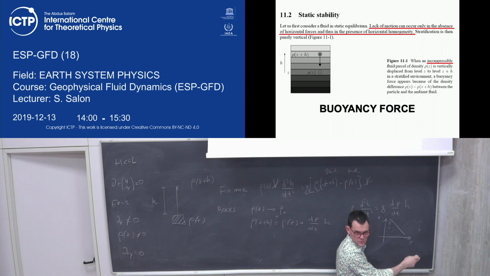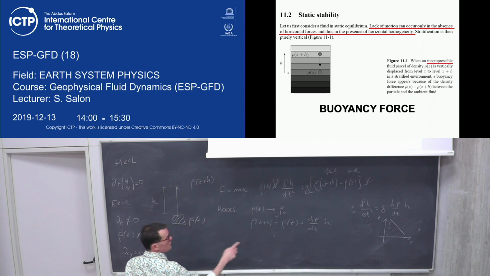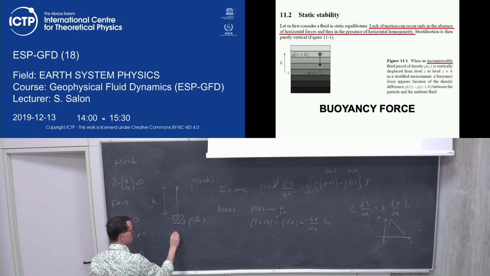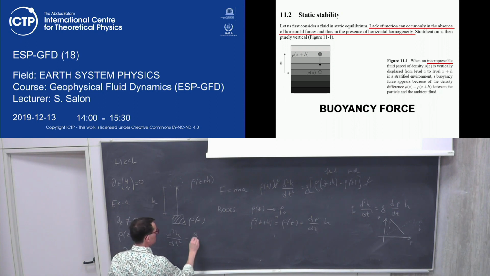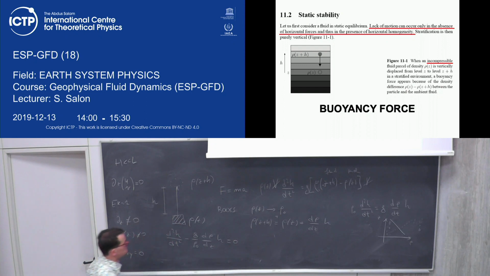This is the natural situation. Okay, so we can rewrite this: the second derivative of h minus g over rho 0 times d rho dz times h equal to 0.